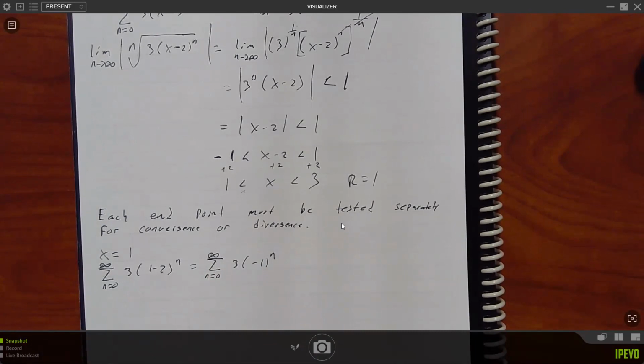Right, it's going to be 3, -3, 3, negative.